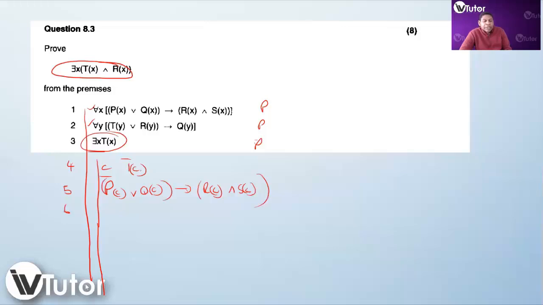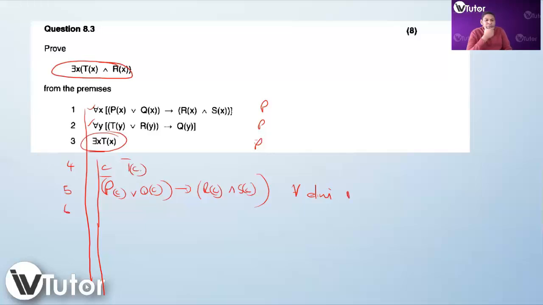Then number 6, this is elimination of the universal quantifier on number 1.